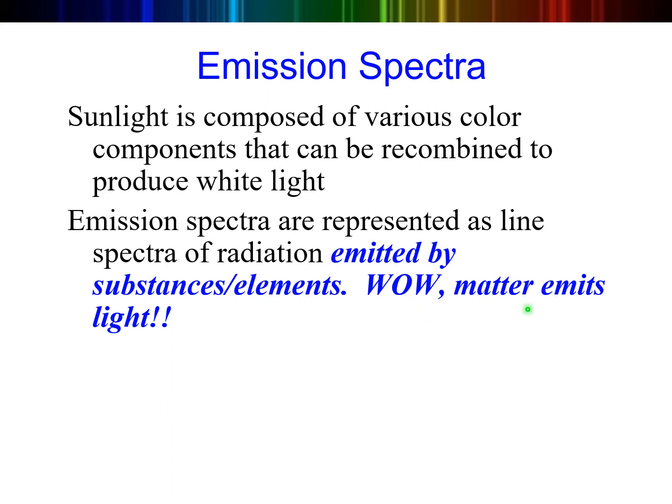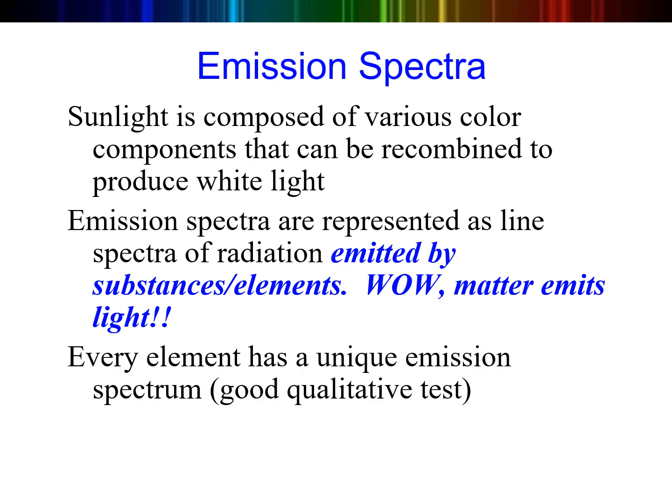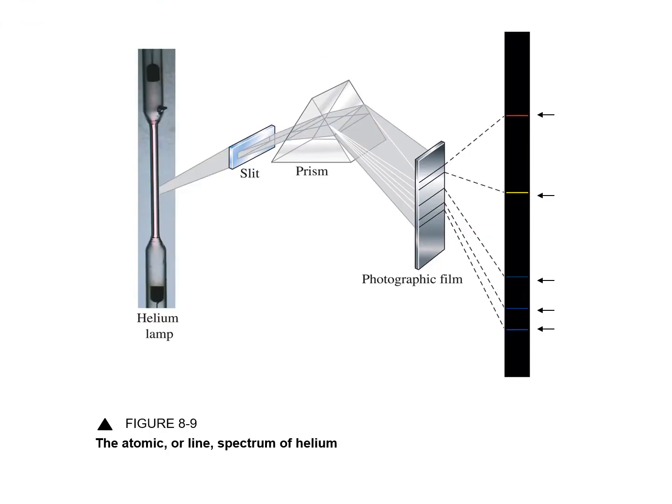It comes from matter, and that's a big epiphany. Every element has a unique emission spectrum. It's a good qualitative test, as it turns out. But why do some elements have unique emissions?